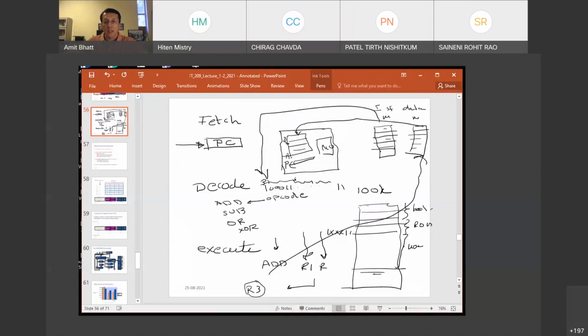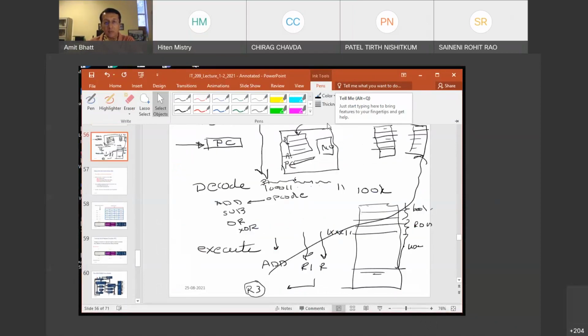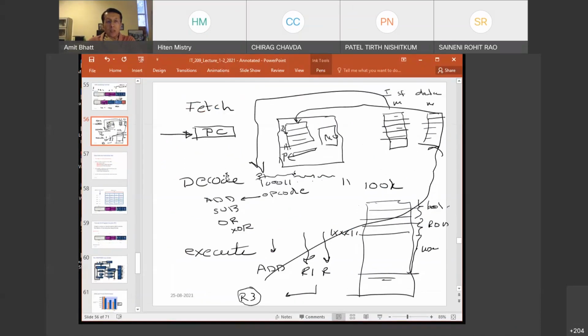So let's try with this. So this is your fetch stage. What fetch does is it goes to the special counter which says program counter. Now the program counter has some memory address value.